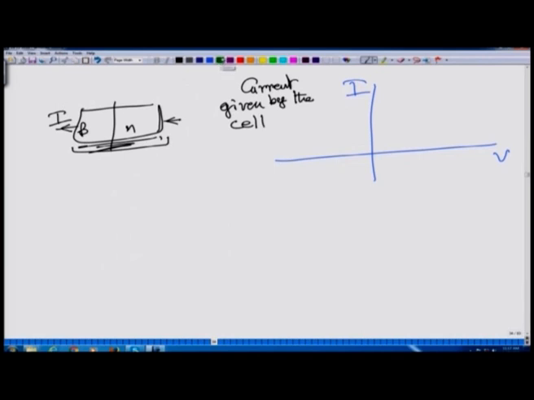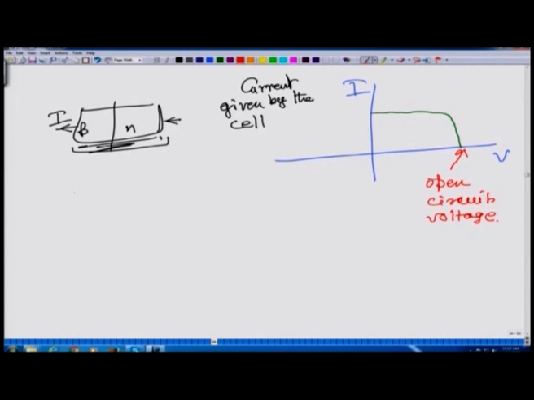If you have a good solar cell, it varies slowly, but then later it goes very sharply, and this becomes your open circuit voltage. So, this part is your open circuit voltage, where the current is 0. And if you plot the current through the cell, it will be just reversed.